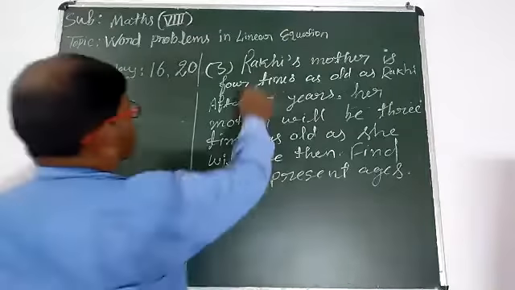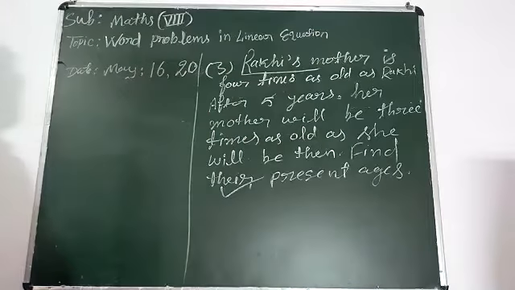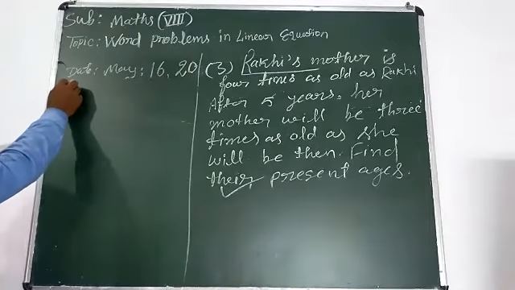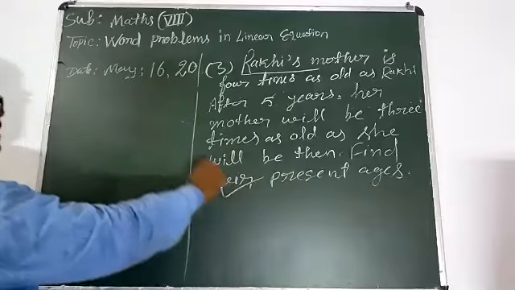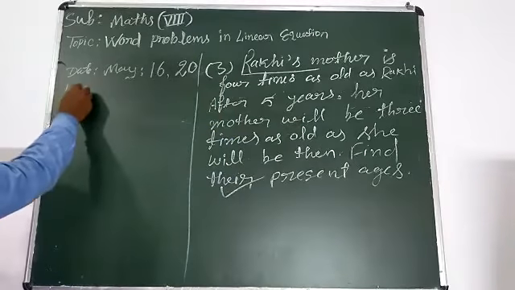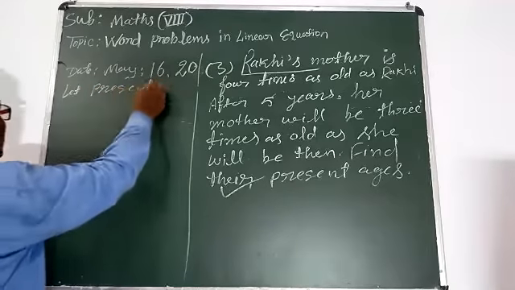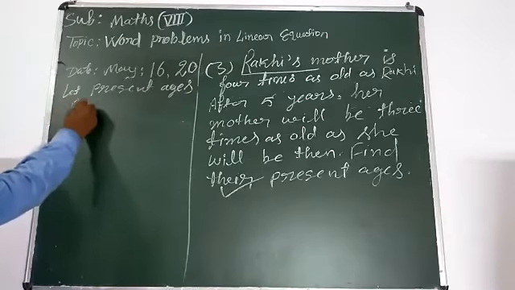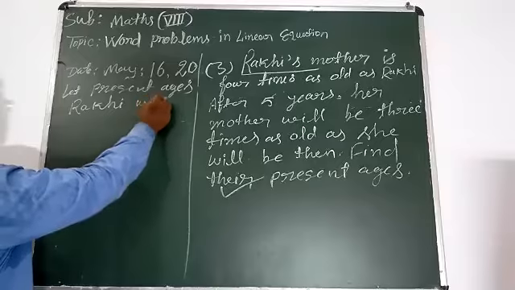Now, student, the first declarative sentence here: Rakhi's mother is 4 times as old as Rakhi. It means we should start from Rakhi. Don't mind Raksha Bandhan. Only Rakhi. Let the present ages: Rakhi will be x.